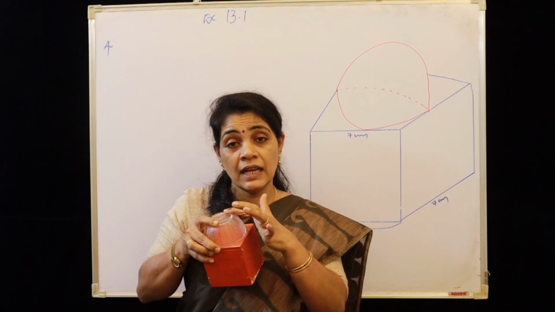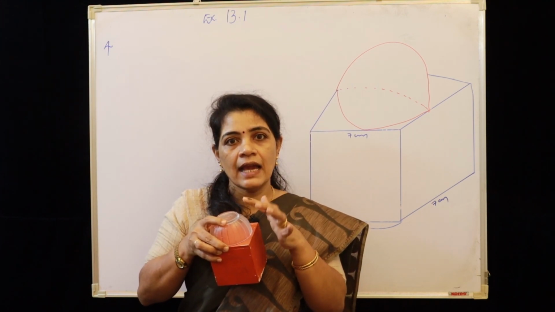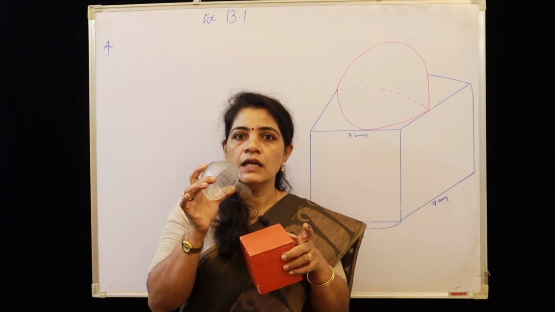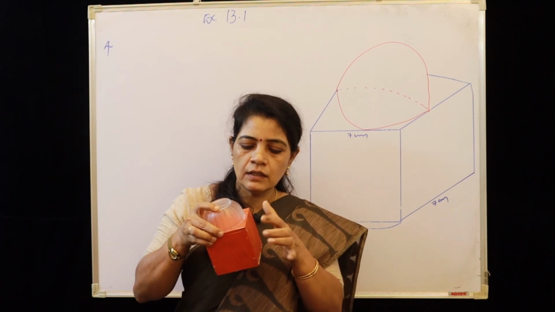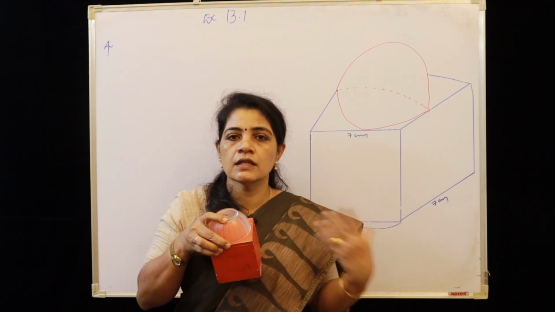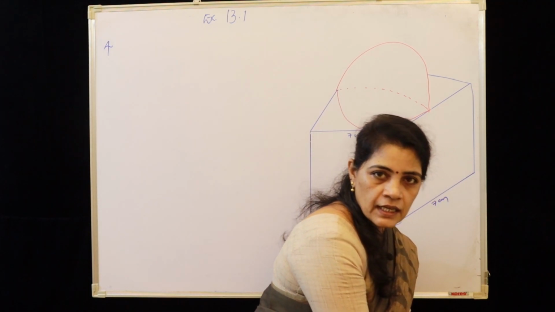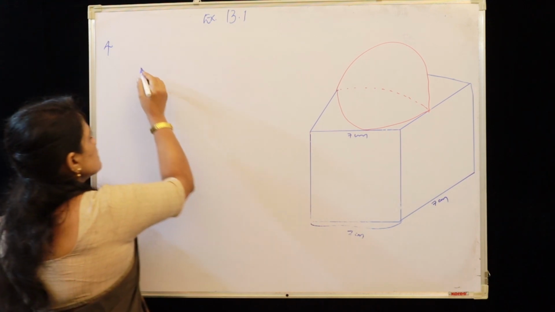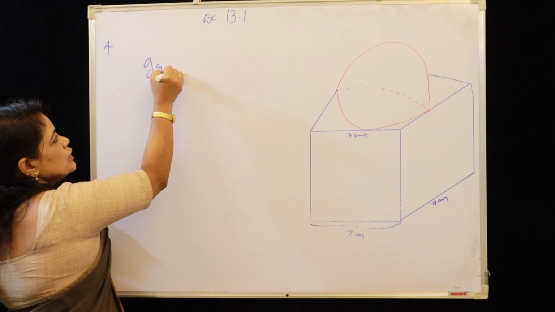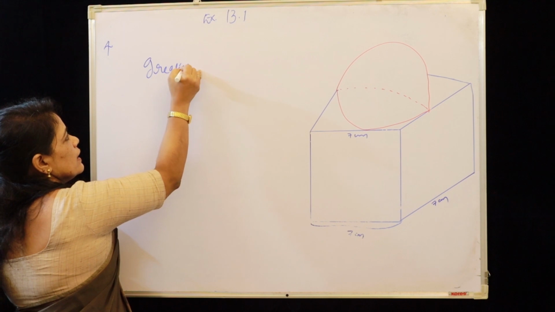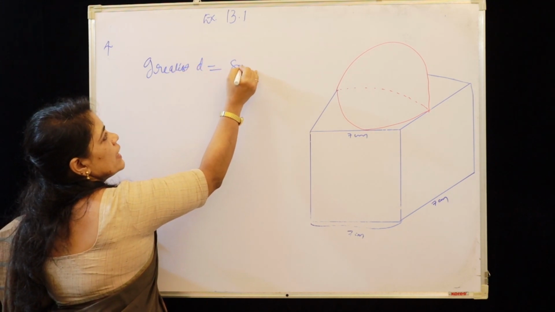So the greatest diameter a hemisphere can have is equal to the side of the given cube. Here the side is 7 centimeter. So the greatest diameter is equal to the side of the cube.